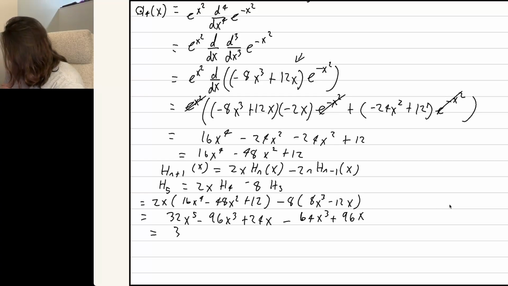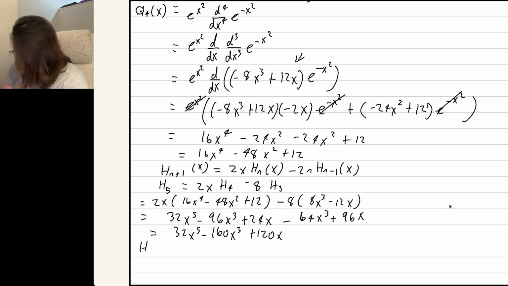So 32x fifth, and then 96 plus 64 is 160, 160x cubed, and then 120x. Then H5 will be, oh no, well, that was H5. We need H6.